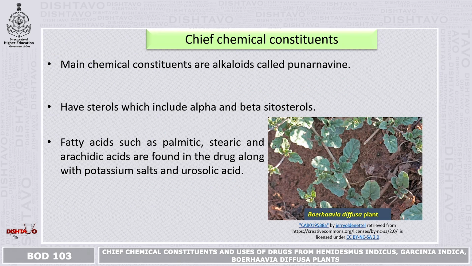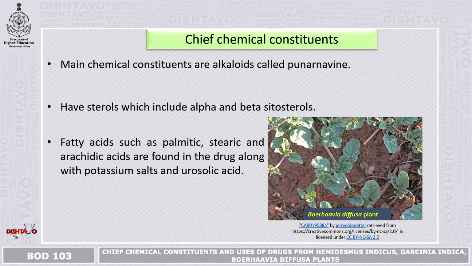Now here the chemical constituents are punarnavine, that is, the chemical constituents are mainly alkaloids. In this picture you can see the Boerhavia diffusa plant which is grown extensively and the leaves are used. So it is dried and decoctions are made.